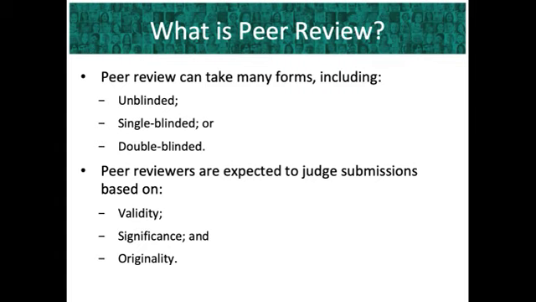So each reviewer sends comments back to the editor, who then considers them and makes a determination as to whether or not the paper should be accepted as is, accepted with revisions, or rejected. And again, the primary criteria that are used are the validity of the paper, the significance of the paper, and the originality of the paper.